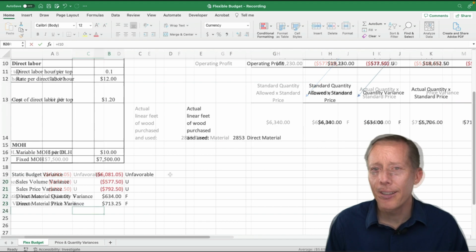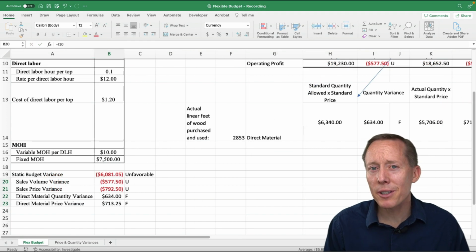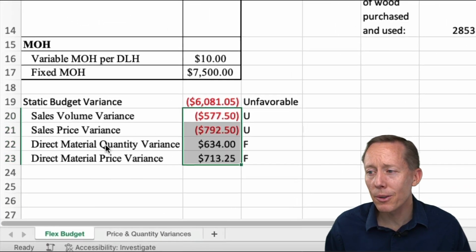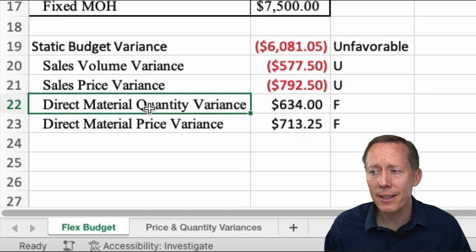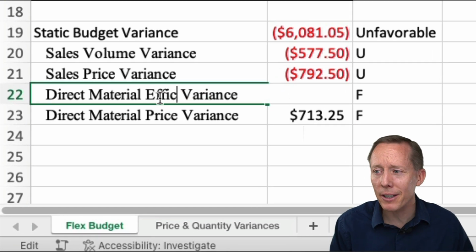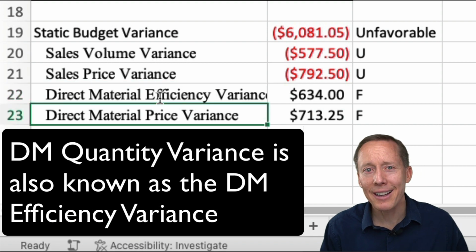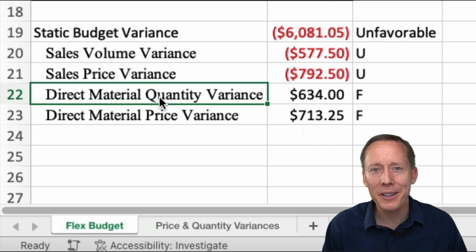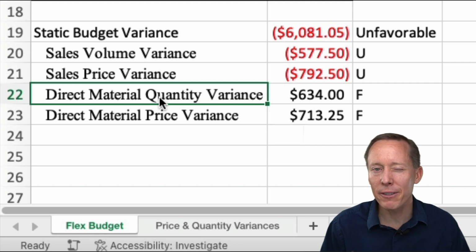Now, in some textbooks and in some circles, you may see more specific names given to the direct material quantity variance. In fact, oftentimes it's referred to as a direct material efficiency variance. Okay, and anyway, so you may see that. I'm going to just leave it as quantity variance because we're going to replicate this pattern with direct labor and variable overhead.